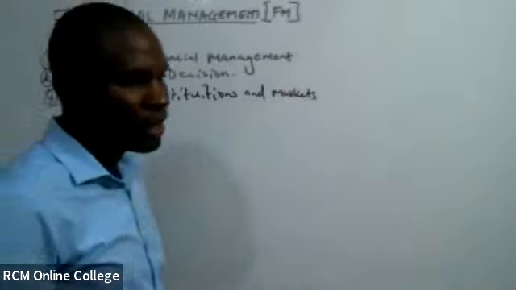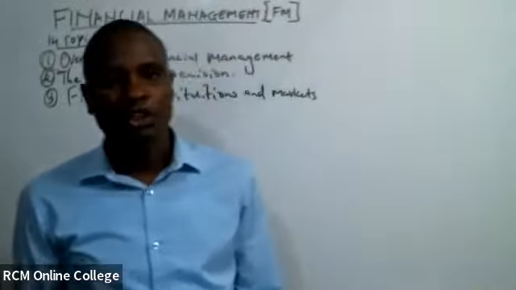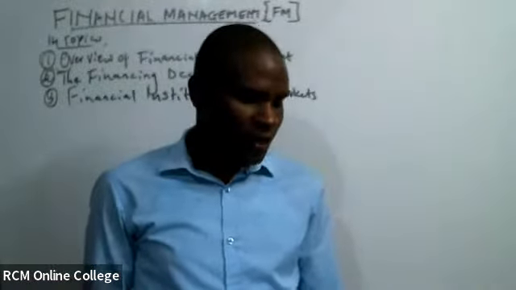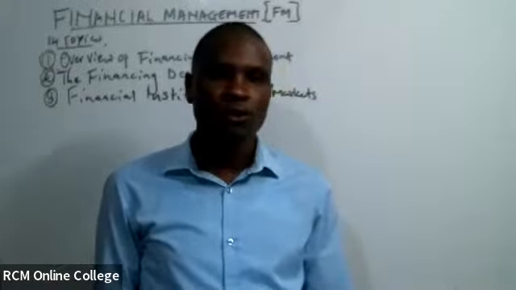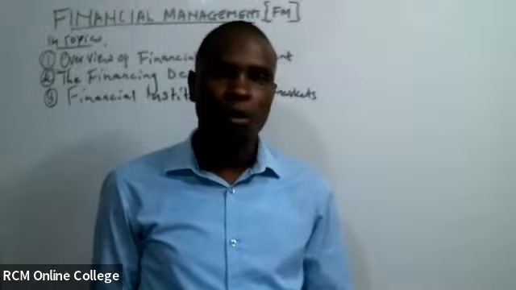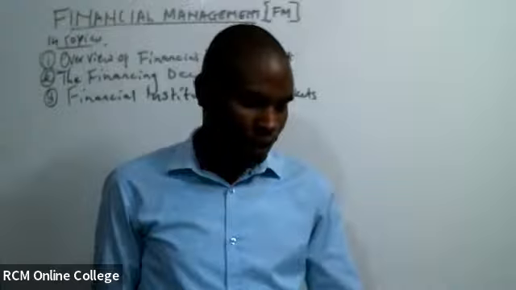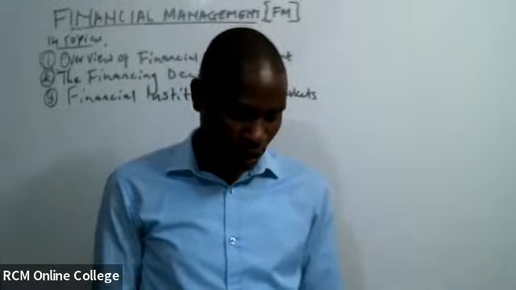Financial institutions and markets. That will be our topic number 3. This is where we find things to do with the regulatory authorities, the Capital Markets Authority, the Central Bank of Kenya, and their functions. We shall be able to see all of them.